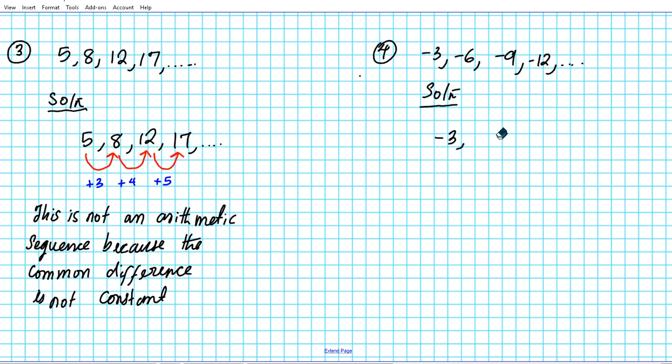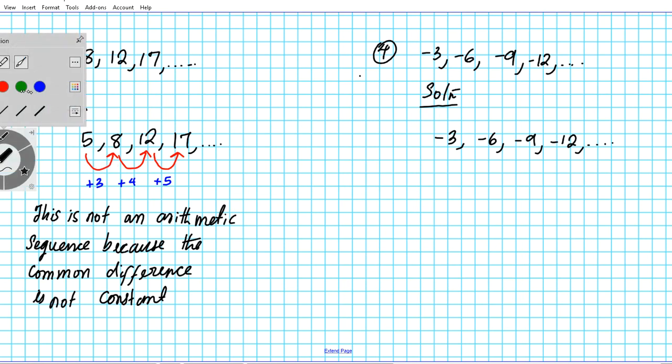Let's write down the sequence again, and then look at what the common difference is. Alrighty? So from -3 to -6, it's more negative. The common difference there is -3, because -3 minus 3 is -6.